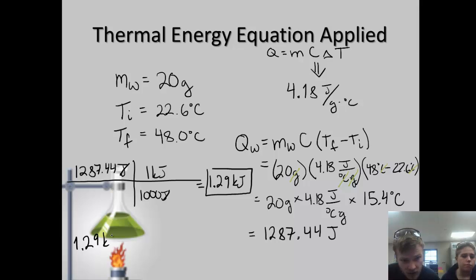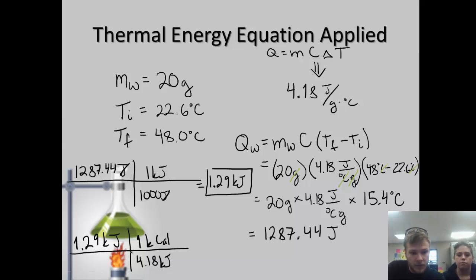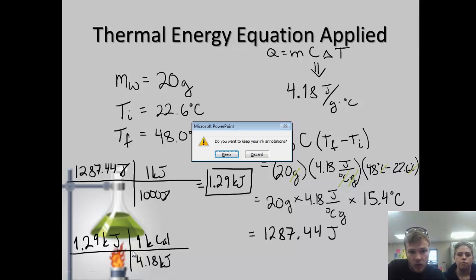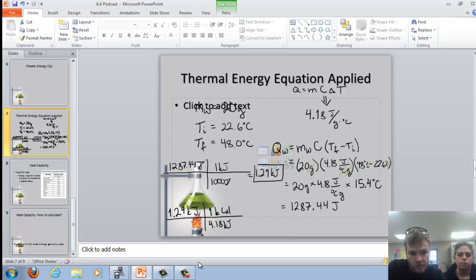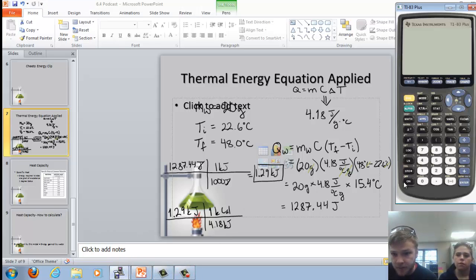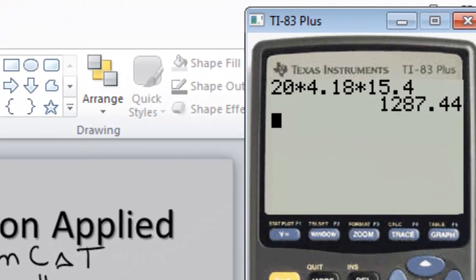1.29 kilojoules. Remember how many joules are in a calorie? 4.18. If we use kilo both times, it works just the same, so it's 1 kilocalorie and 4.18 kilojoules.